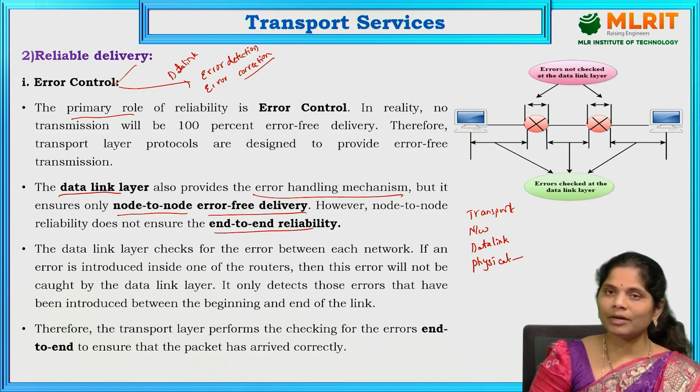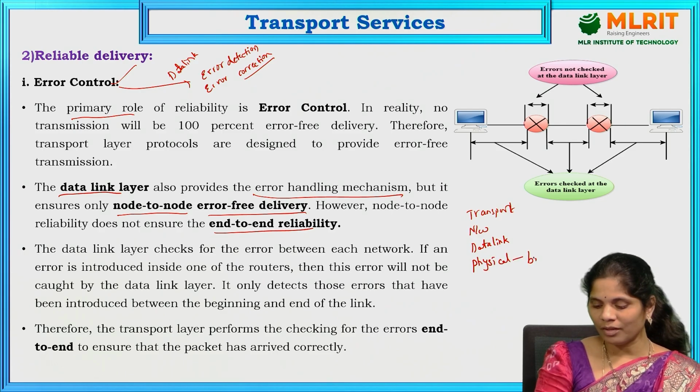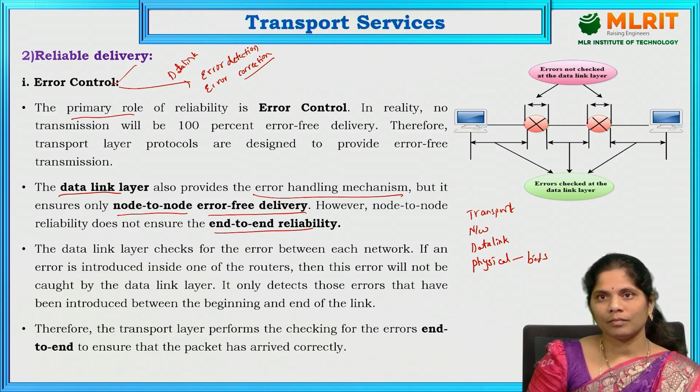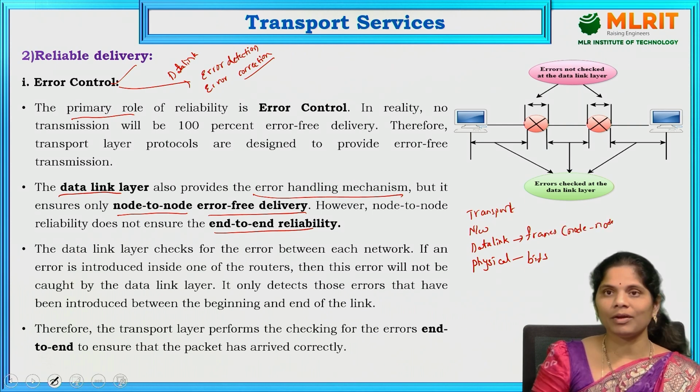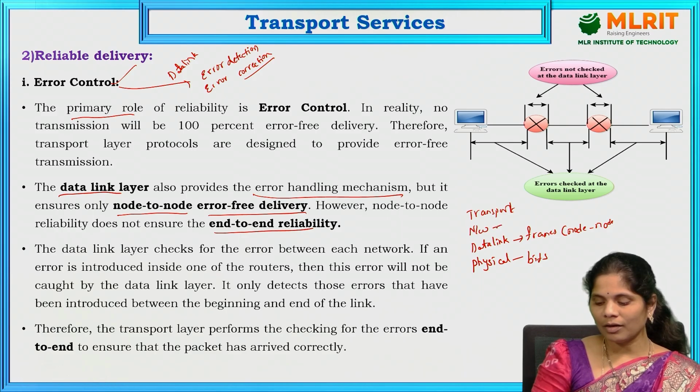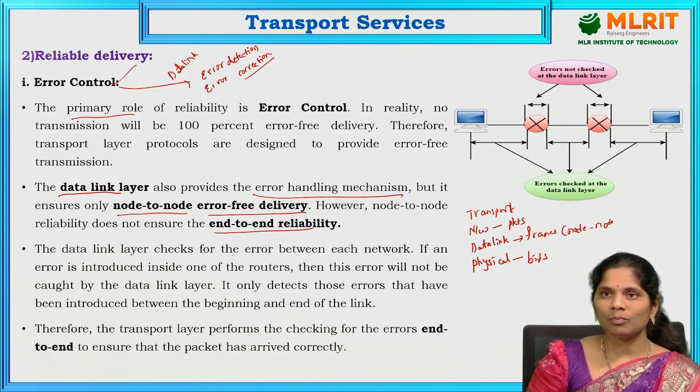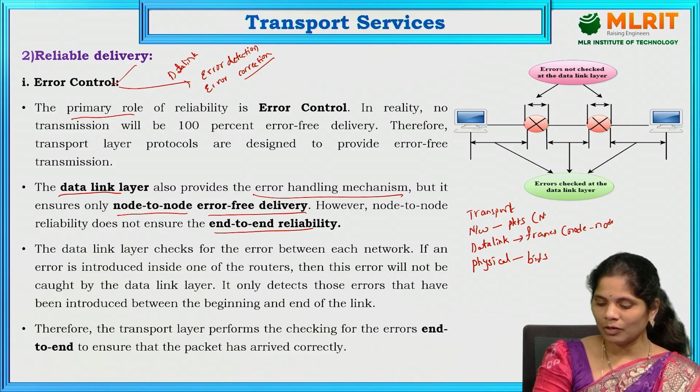In the physical layer, whatever data is there is in the form of bits. Next, in the data link layer, the data is in the form of frames. That is node to node. From one node to another node, we are sending the frames. And coming to the network layer, we are sending in the form of packets, from one network to another network, that is, from one host to another host.